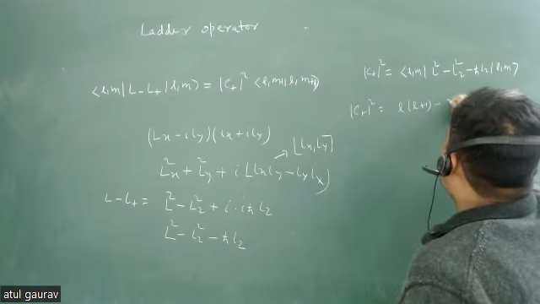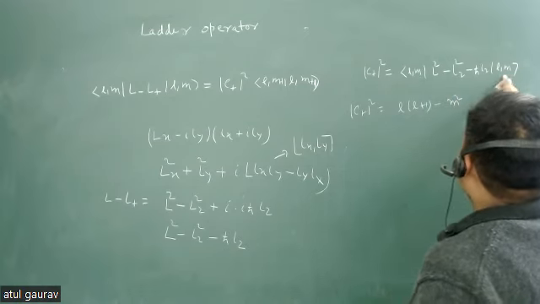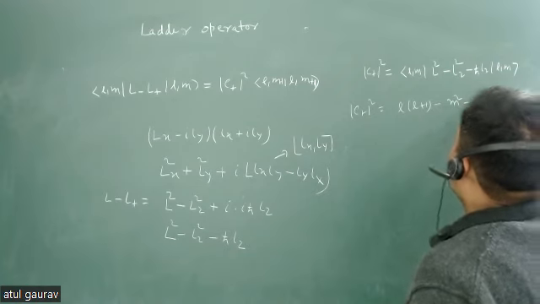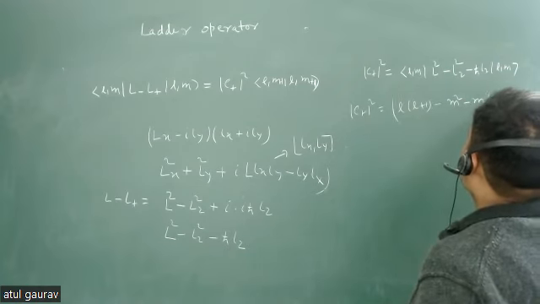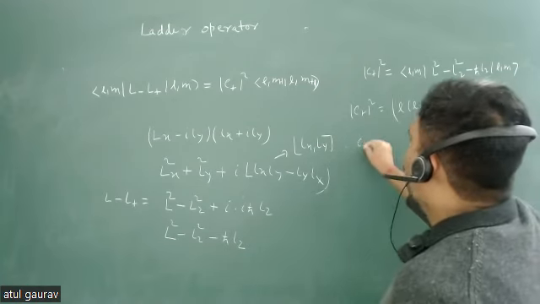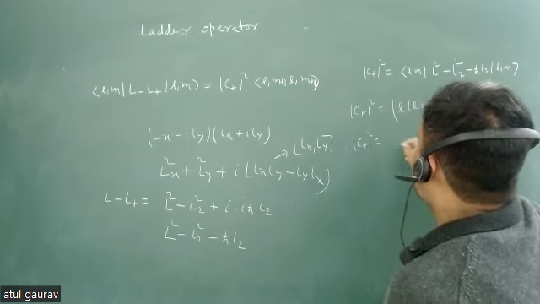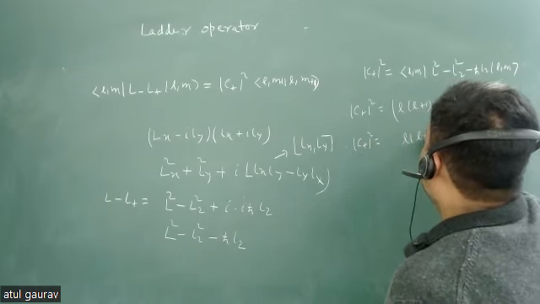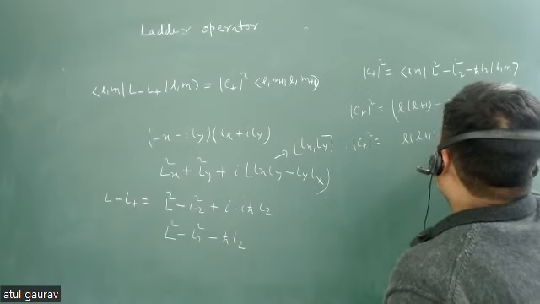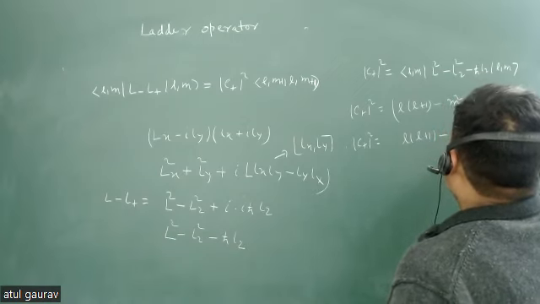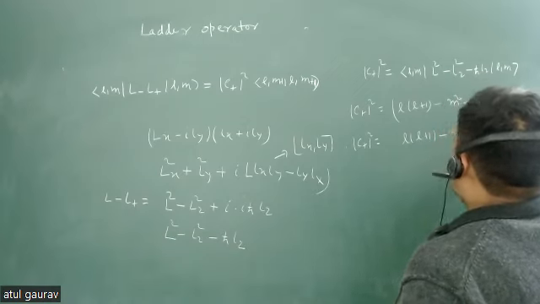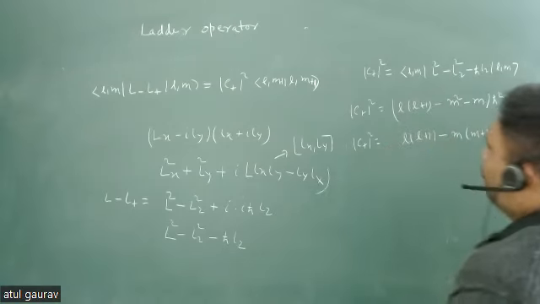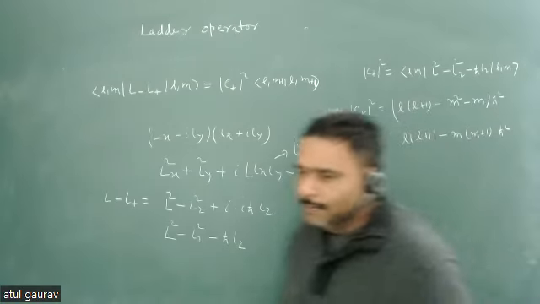Lz is operating on this, M square. Lz is operating on this, M. And obviously h cut square is there. And you have |C plus| square as L plus 1 minus M plus 1 times h cut square. And hence this number has to be positive.